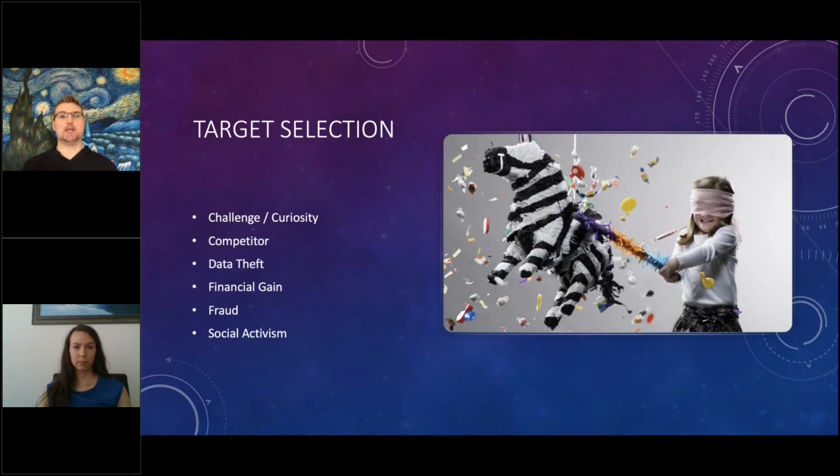Sometimes it's to steal data to sell on a black market forum to make money. So regardless of the reason for the specific target, a lot of attacks are actually financially motivated. And so we're going to go over some of the things that people look for when they're selecting their target.